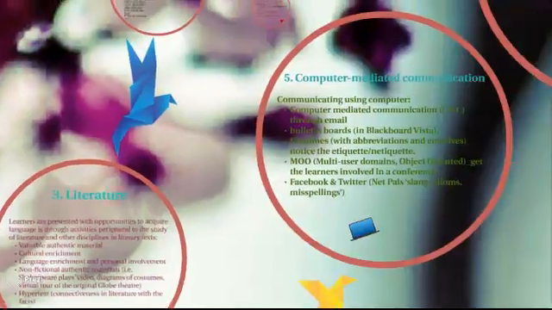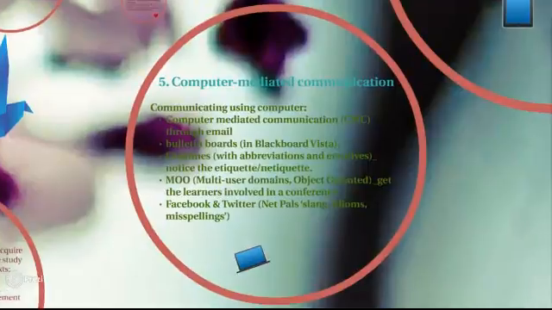And here comes the fifth computer application. It's called computer-mediated communication. Communicating using a computer, wow, it sounds interesting. Computer-mediated communication or CMC through email, I think most people have used this kind of email. And the second one is bulletin boards in Blackboard Vista.